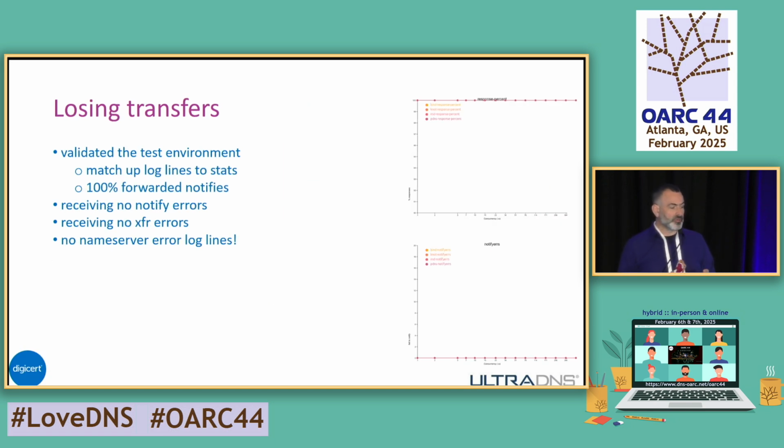I think it's important to talk about losing transfers because one of the metrics, of course, is time, as I showed. But losing a notify and losing a transfer are kind of two different things. If we're unable to complete a zone transfer, then that's something that can be retried. But if we lose a notify, which is something that definitely happens, then you have to fall back to refresh time.